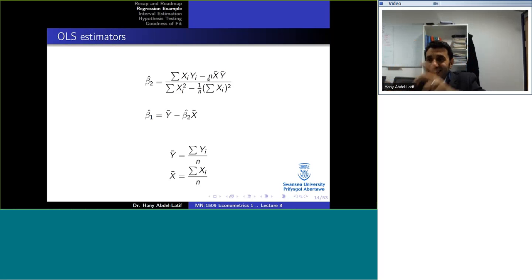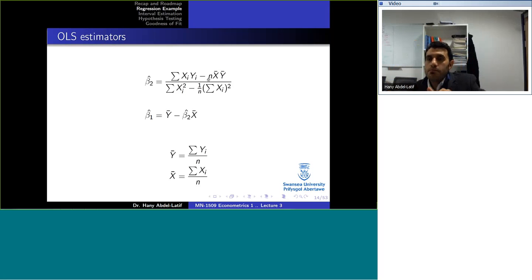Minus n, the number of observations. If you remember, we collected data about 20 students, so n equals 20. X bar and y bar are the means of x and y: the sum of x divided by the number of observations, and the sum of y divided by the number of observations, which is 20.